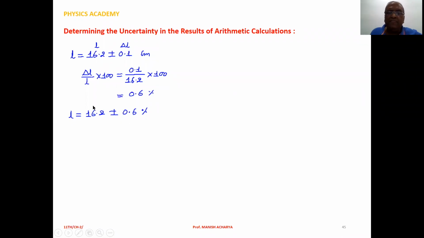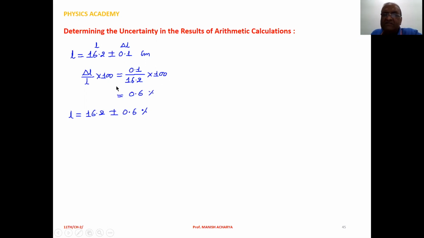So when some calculations are carried out, suppose we calculate the relative or percentage error in the measurement of length. Then delta L by L into 100 equals 0.1 upon 16.2 into 100.